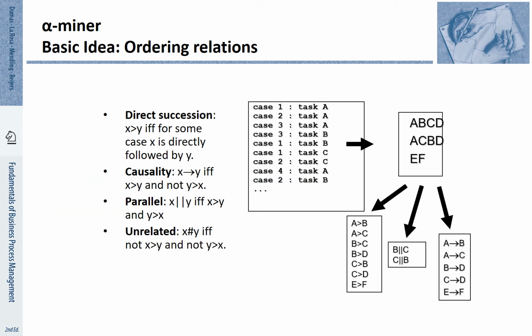Let's start with the alpha miner. The basic idea is that we identify ordering relations in our event log. The first step is to identify the directly follows relationships that we have already seen.